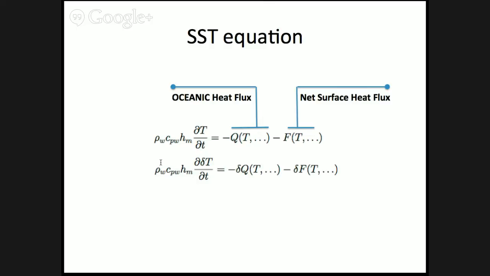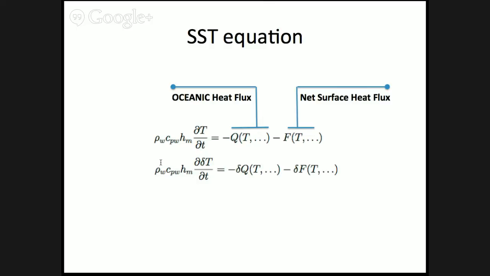And the atmosphere can affect the ocean by changing the wind, not only the SST but the wind, and the ocean can affect the atmosphere only through the SST. So the three of them are tightly coupled. When we try to identify the contribution from the atmosphere and the ocean, this equation cannot be used because they're coupled.